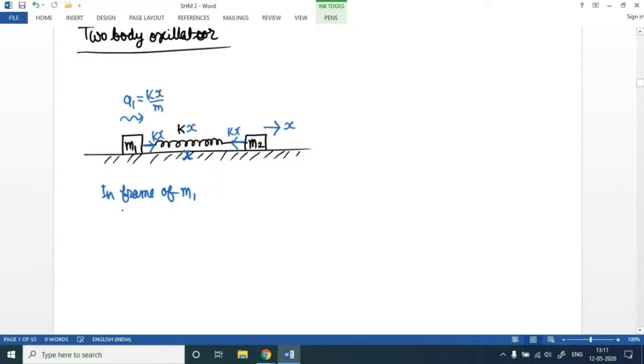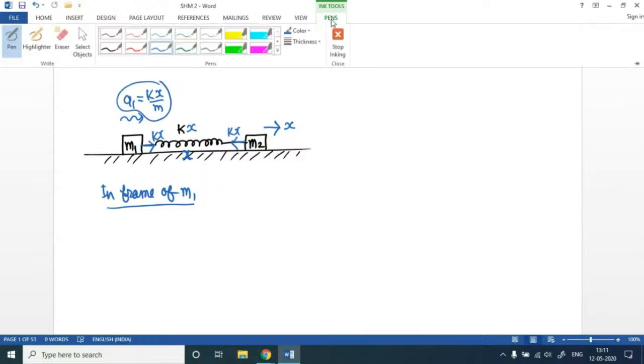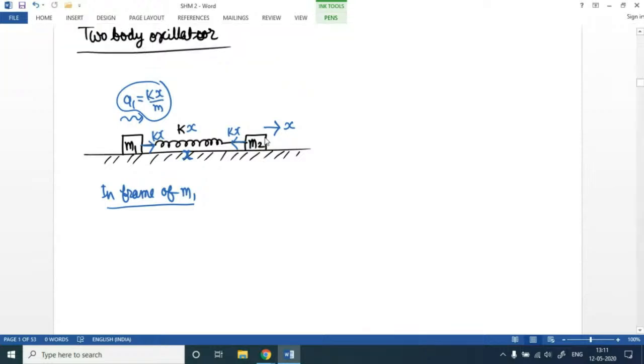First of all, when we are working in the frame of M1, you should realize the frame of M1 is a non-inertial frame of reference, because a1 is a non-zero acceleration over here. So when he draws the free body diagram of this block, apart from the real forces, he has to add the pseudo force.